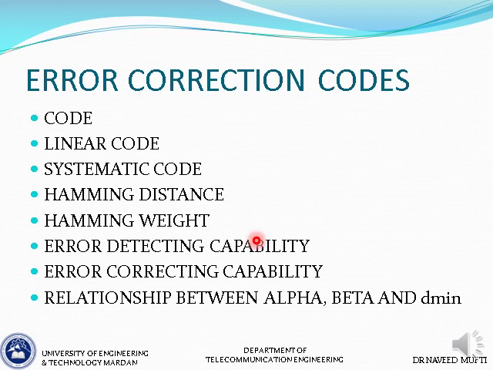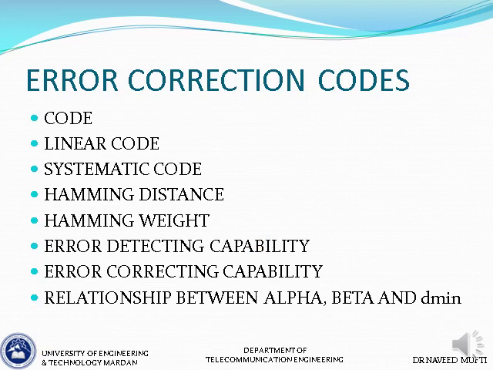So that smallest distance is called dmin. And that value is important because the error detecting or the error correcting capabilities of codes depend on the value of dmin.